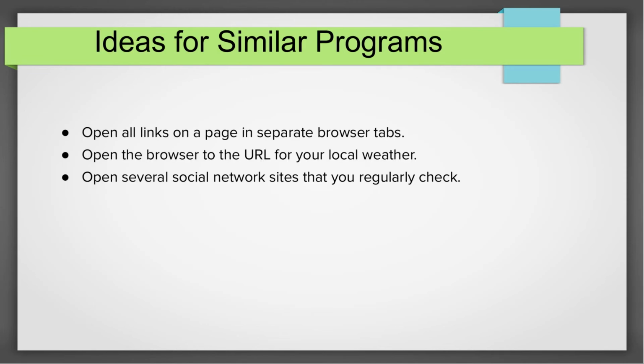As long as you have a URL, the Webbrowser module lets users cut out the step of opening the browser and directing themselves to a website. Other examples that could use this functionality: open all links on a page in separate browser tabs, open the browser to the URL for your local weather, open several social network sites that you regularly check.